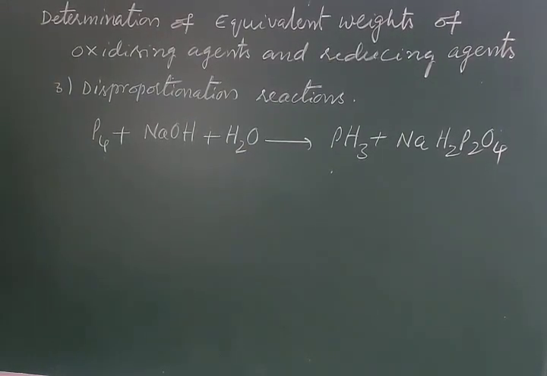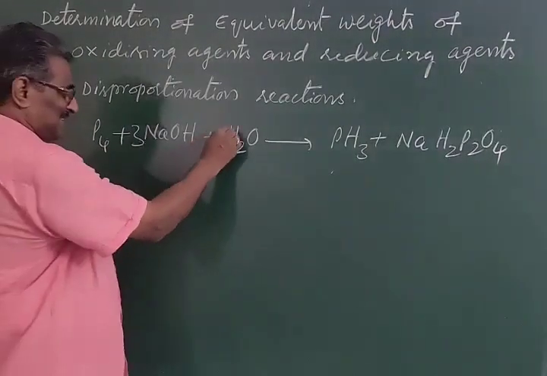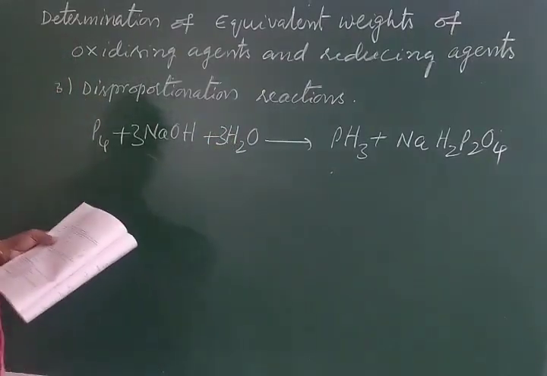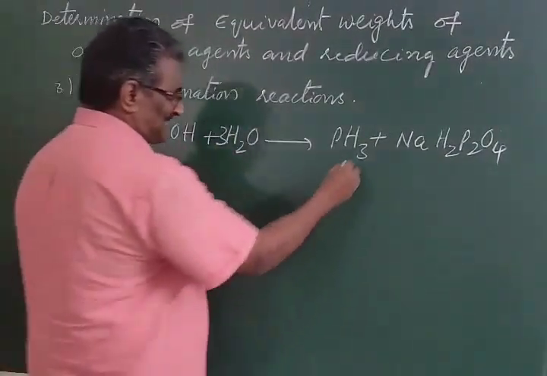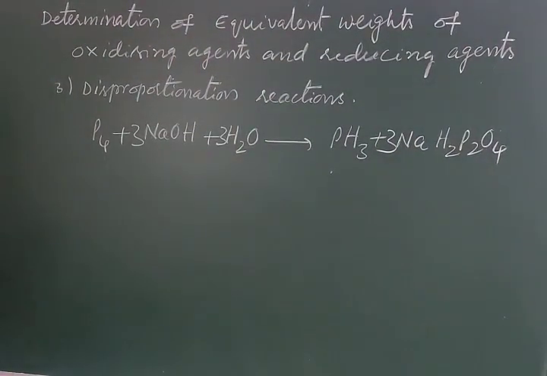NaH2P2O4 is sodium metaphosphate. The balanced equation is 3NaOH plus 3H2O gives rise to PH3 plus 3NaH2P2O4. Even if the equation is not balanced, we can calculate the n factor by considering the number of atoms.